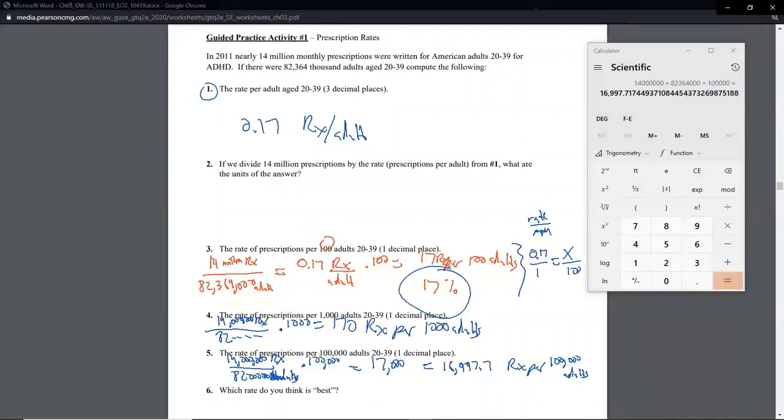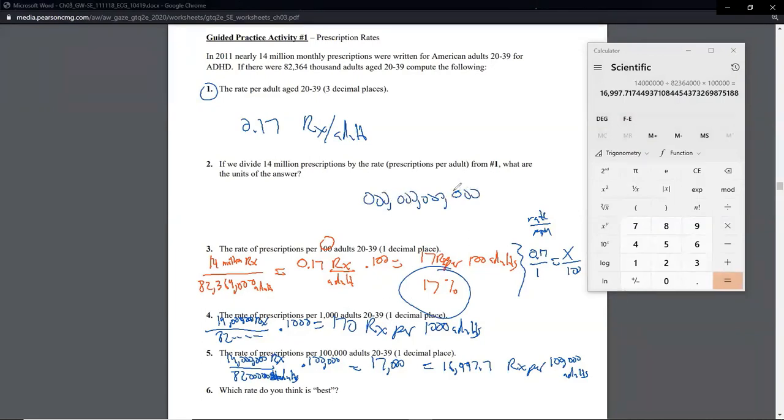Number 4, people that deal with statistics in media generally would like that one because a lot of the times they'll scale to 1,000 adults, and that's because of this. Whenever you have a really, really big number, you get these commas clustering every 3 zeros just for our eyes' sake, for our sanity's sake.